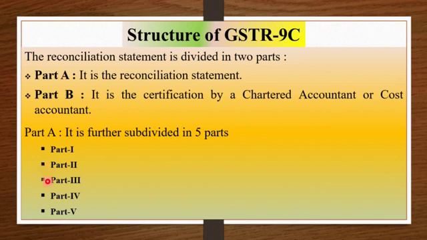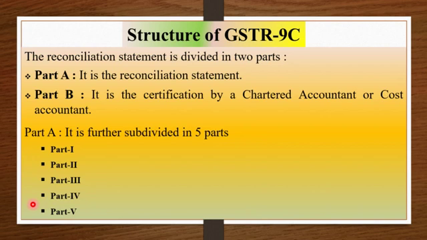Then part 3, this part deals with reconciliation of taxes paid. Next, part 4, reconciliation of input tax credits as per books of accounts and ITC as declared in the annual return.